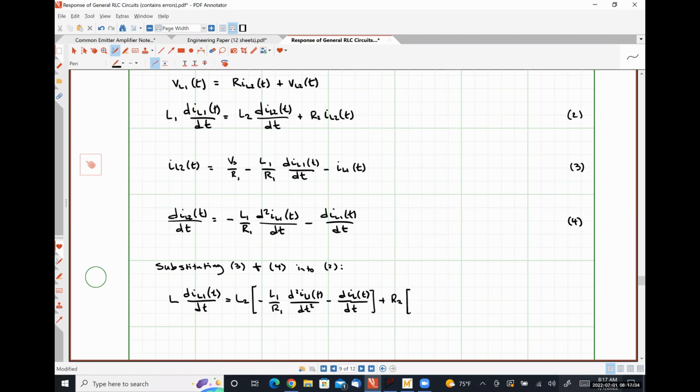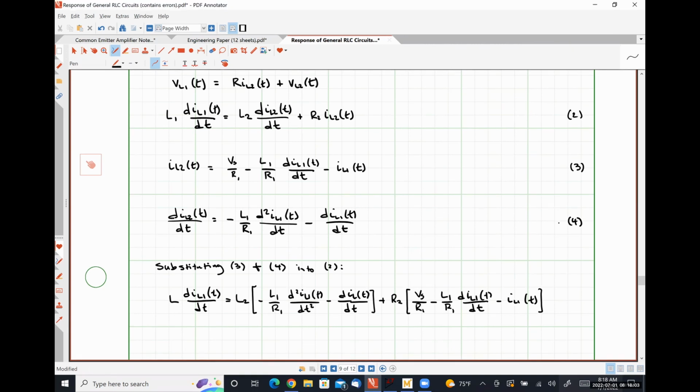R2 times IL2, and this is where I'm going to substitute in equation number 3. So I'm going to have Vs over R1 minus L1 over R1 times my first derivative of IL1 minus IL1.